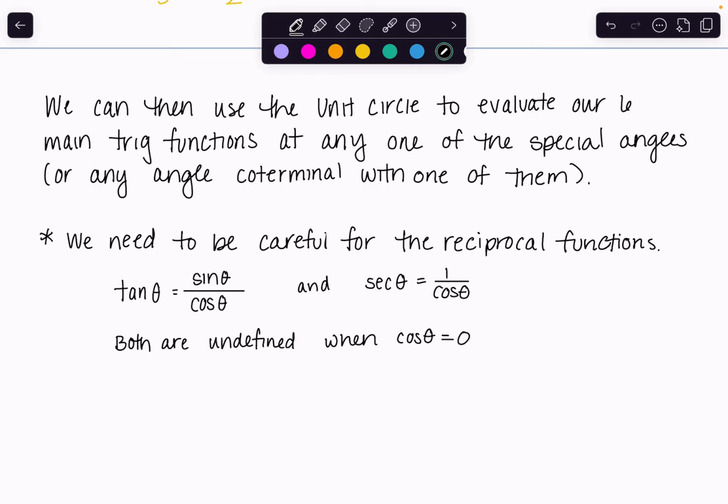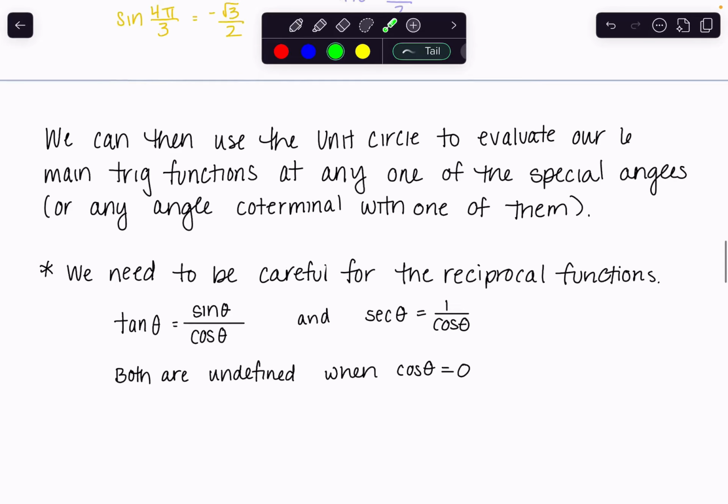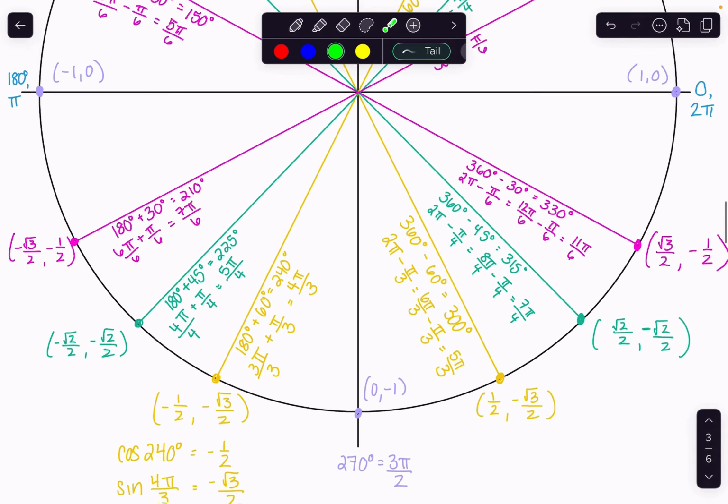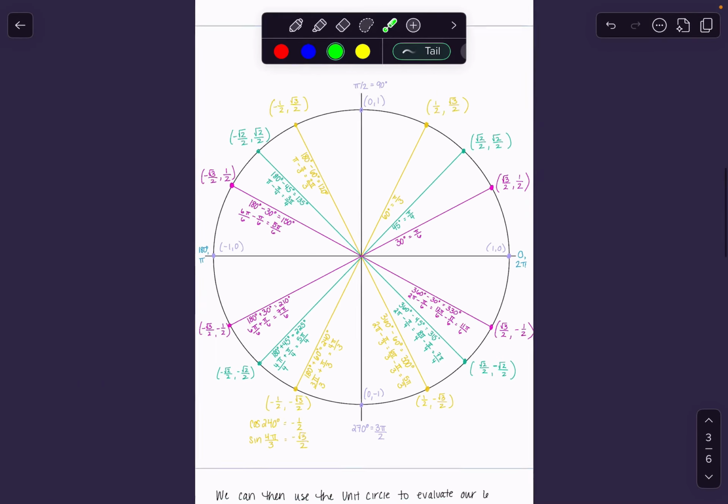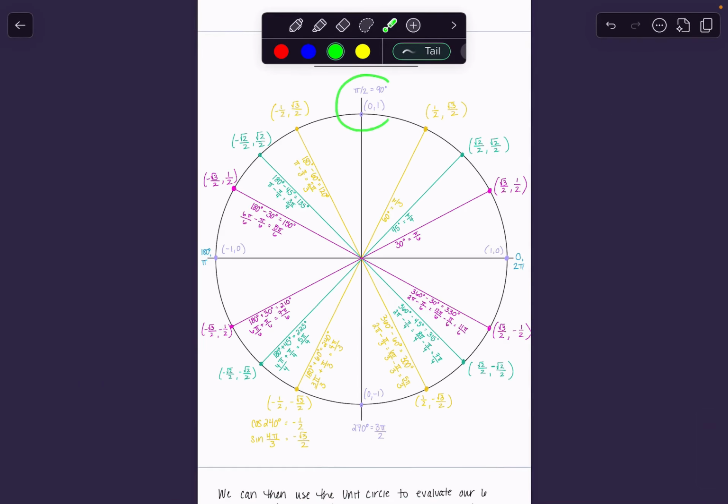So if I go back to my unit circle, cosine of theta is going to equal 0, and we're going to zoom out on this, at these quadrantal angles.